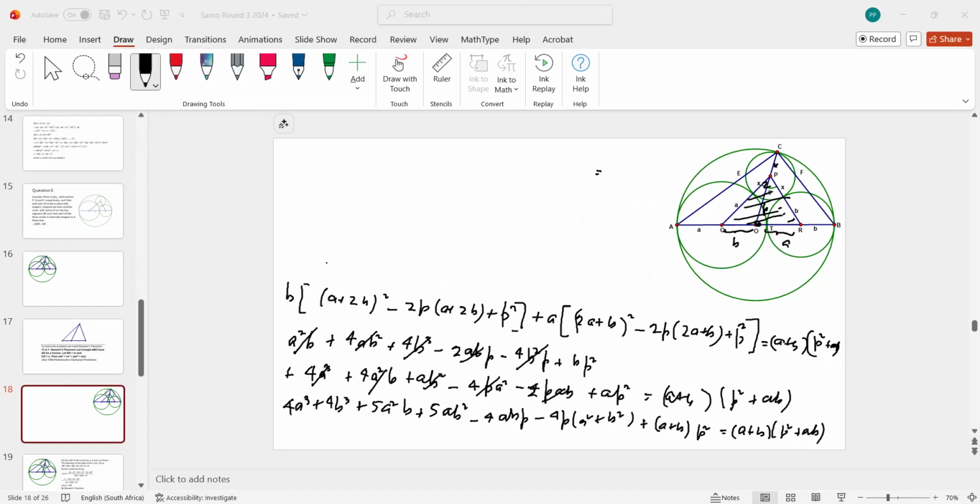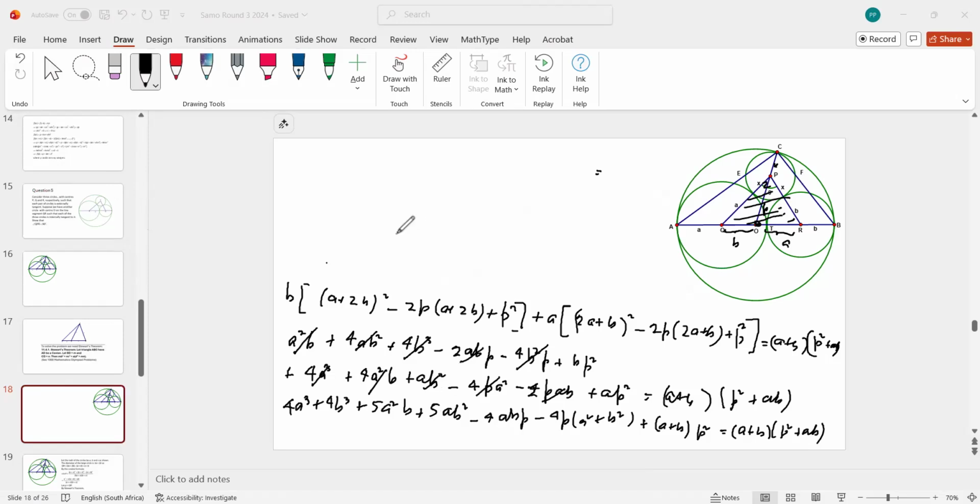I claim that a plus b comes out as a common factor right throughout here on the left-hand side. That a plus b is a factor of the left-hand side. Well, not quite. Let's not jump the gun. Every time I tried this, I made a lot of mistakes because I want to do a lot of things mentally and get myself messed up.